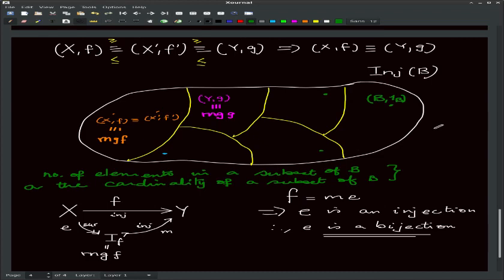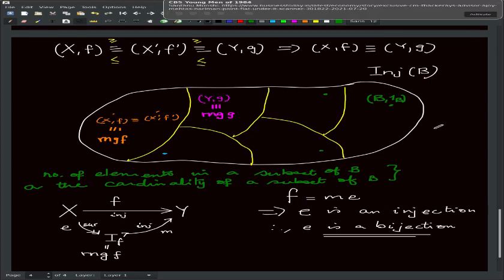So this equivalence relation grades this, you can think of this gradation.